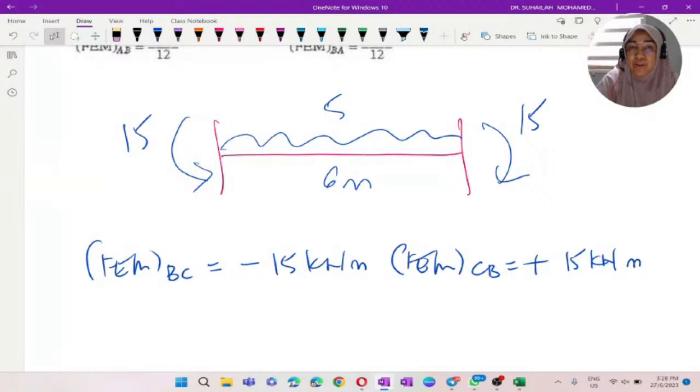So in the next video, we will look at how we distribute moment, and always remember that the moment in the table that we distribute is joint moment.